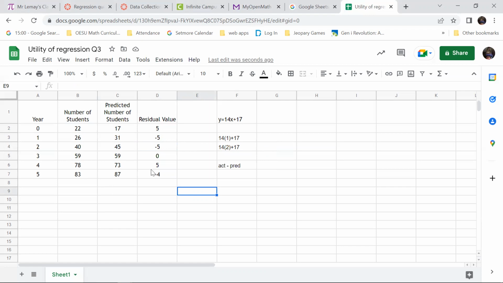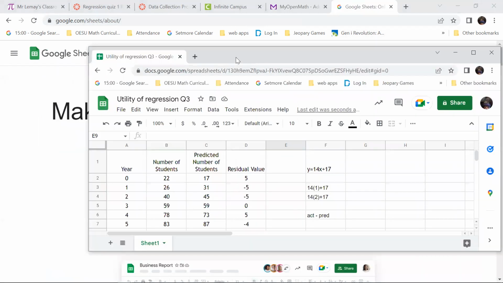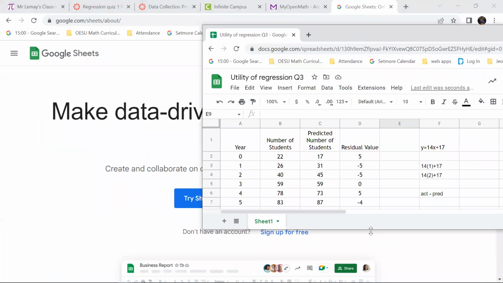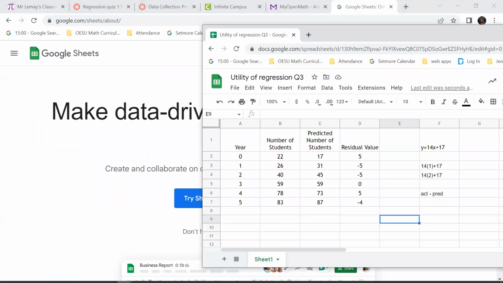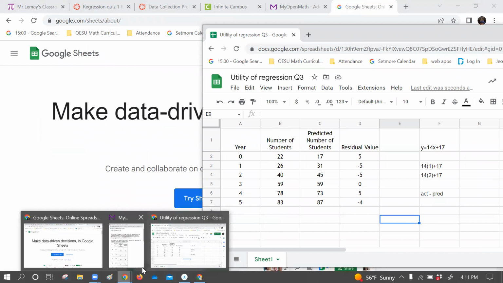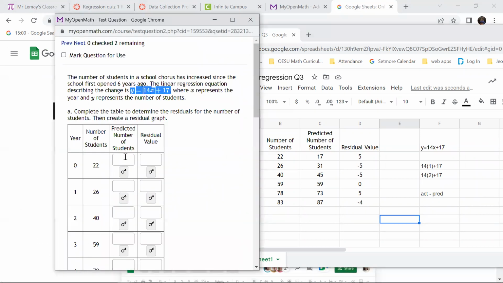Now they want us to come back here. Okay, and I'm going to go to that problem. Here we go. So the predicted number of students for year 0 is 17. The residual was 5. It underpredicted. The predicted number is 31. It over-predicted by 5, so we do minus 5. The predicted number is 45.